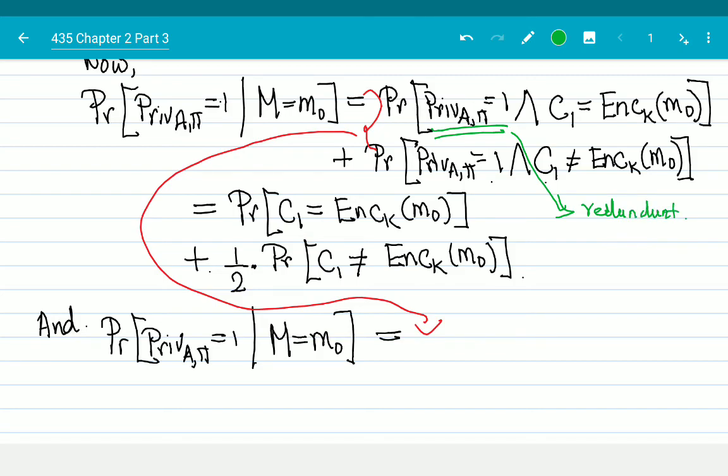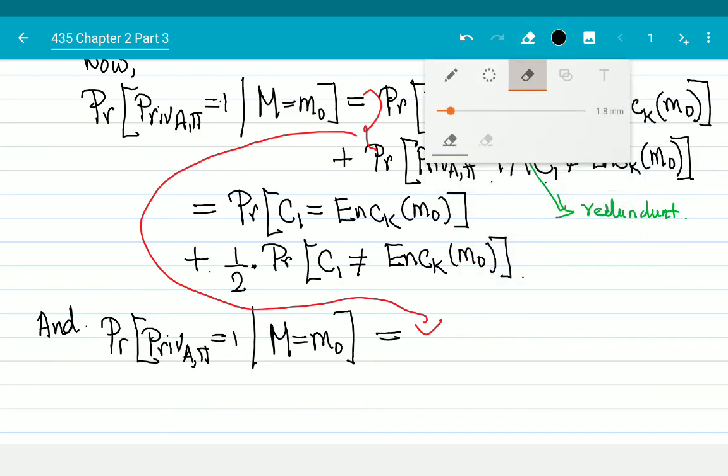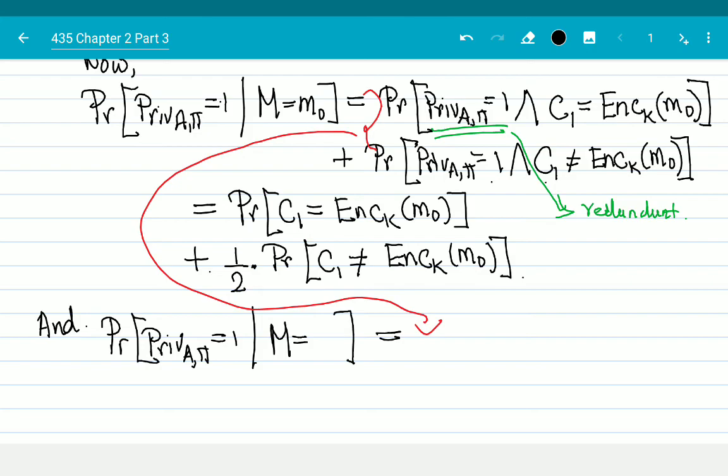As if C1 was the encryption, we are always going to guess M1, and the experiment will always succeed, right? My bad, this should be an M1, not M0 here. We said that this will always succeed.